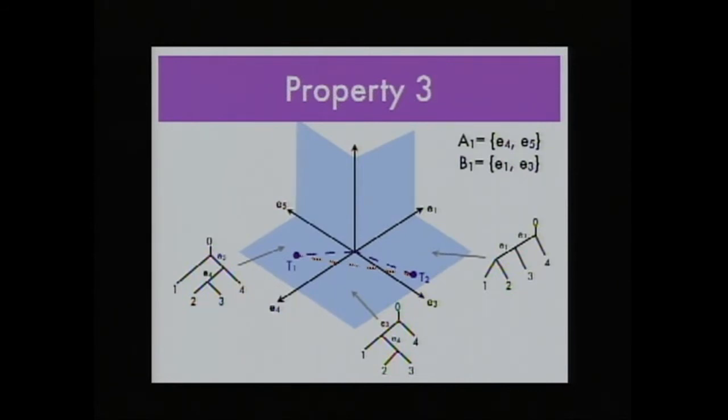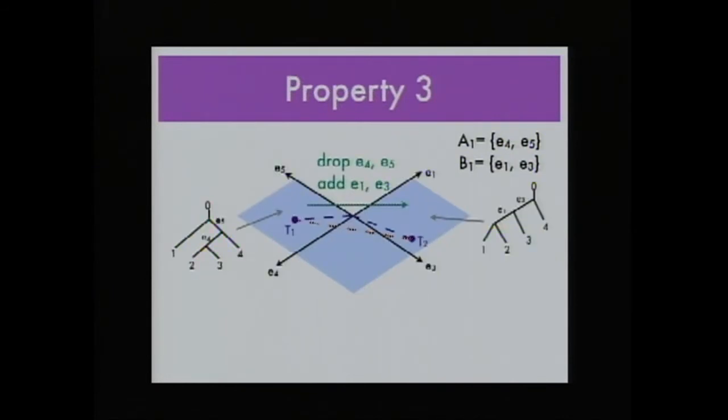So it's got both a combinatorial part and a metric part to it. What's the combinatorial part? Well, in our original path, we were dropping 2 edges and adding 2 edges. The combinatorial part is that we can split up the step: drop, in this case, one of the edges, add one of the edges, and then drop another edge and add another edge. And the idea is that if we split it up, we're getting a valid tree here, because that intermediate orthon must correspond to a valid tree.